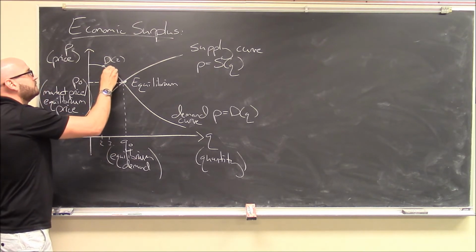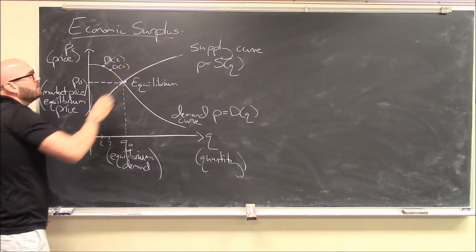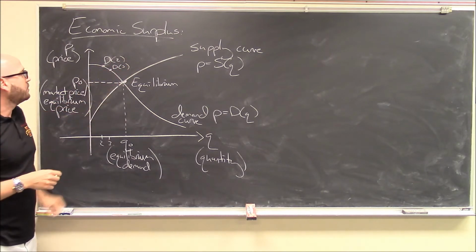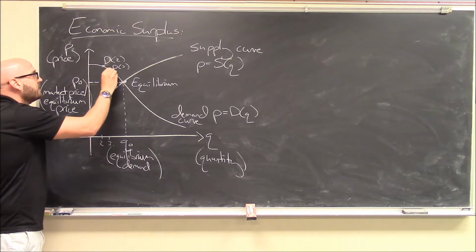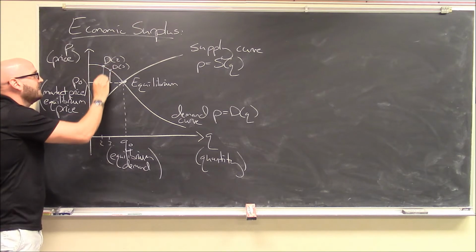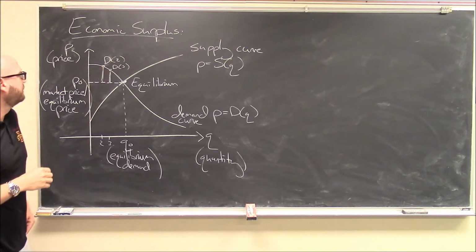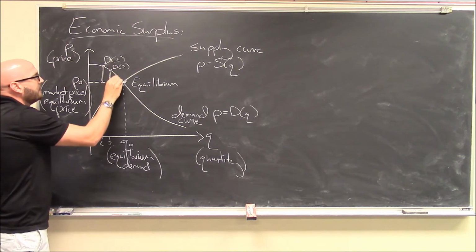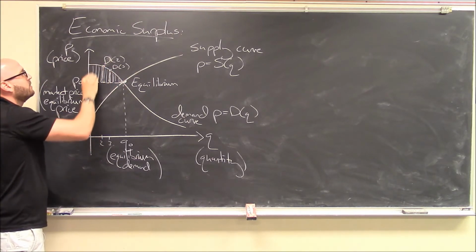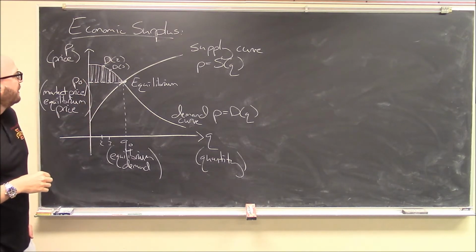These 3 people aren't willing to pay as much as those 2, but they're still willing to pay more than the market price. How much more? Well, that much more. Similarly over here, this much more. Well, what if I do this for everybody? What if I work out how much more all these people were willing to pay than they actually did?